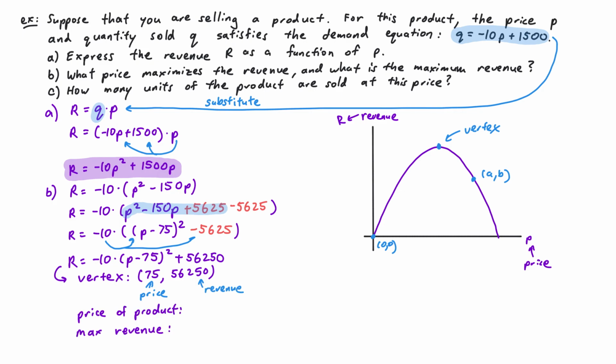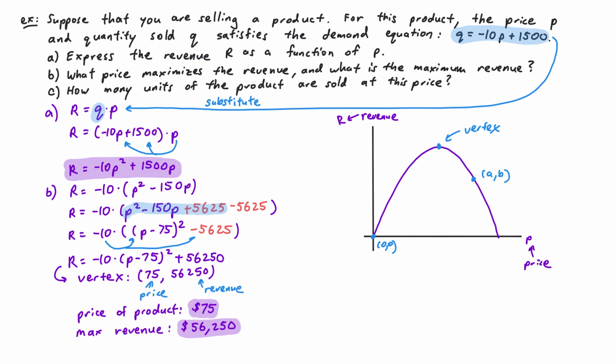And now to answer part B of our problem here, we want to set the price of our product to be $75 to give us the maximum revenue. And when we set our price to be that amount, our revenue is going to be $56,250.